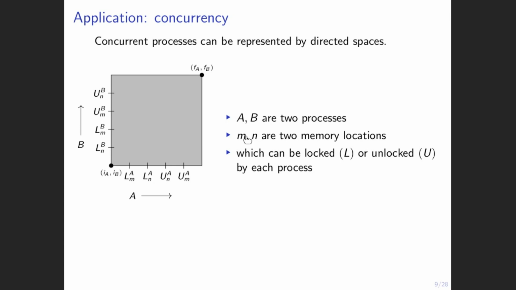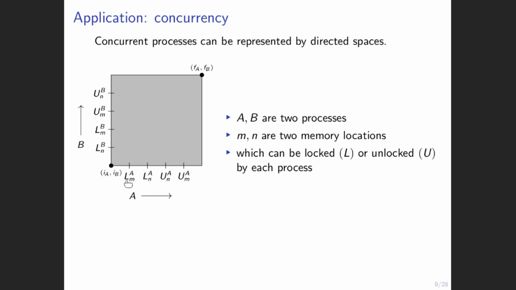So we have two memory locations, M and N, and in the language for concurrent processes, we usually have instructions to lock or unlock them. A is not doing anything interesting other than locking and unlocking these memory locations.